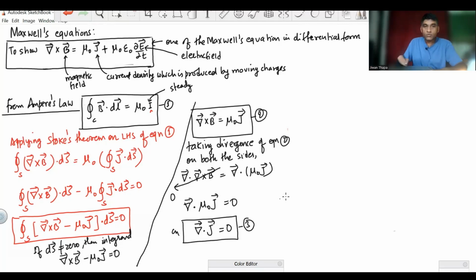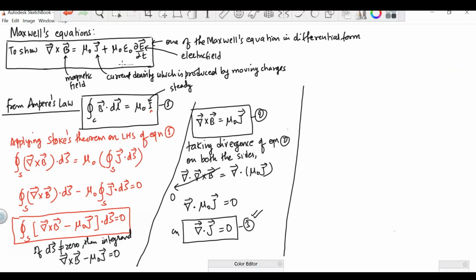Clear? Now, what does equation 3 indicate? We need to know that. So what we are getting? We are getting divergence of current density is 0. Clear? Now, we have this.